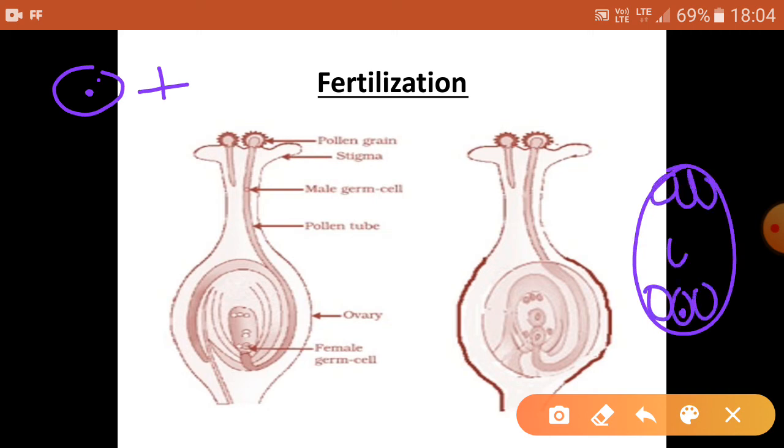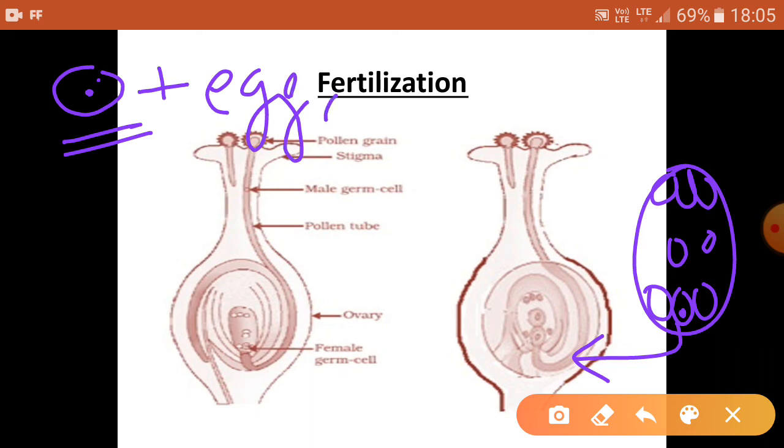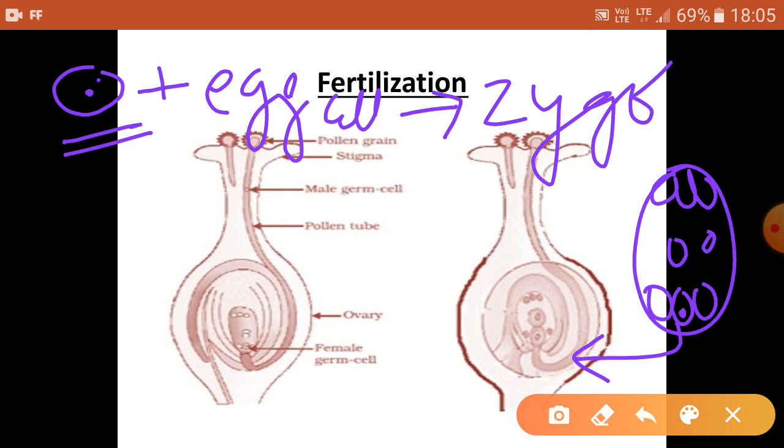When this male nucleus combines with the egg cell, it forms the zygote. This process is called syngamy. So, it is equation number 1, syngamy.